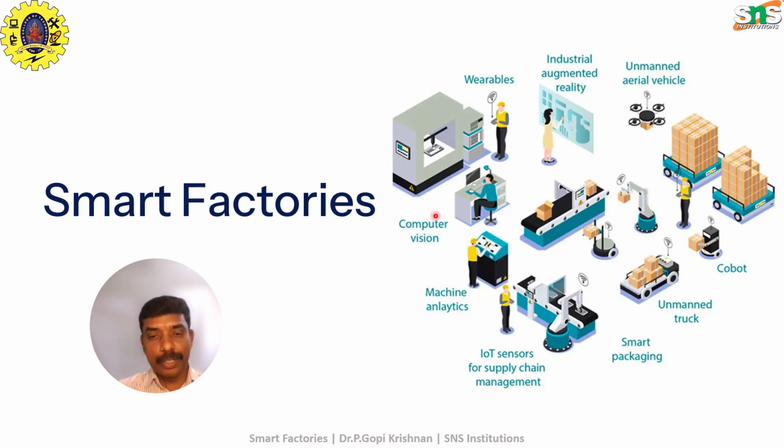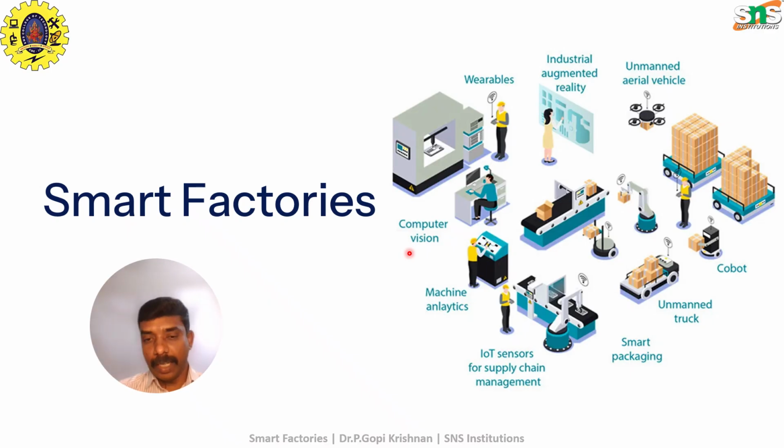And computer vision is going to be the system which collects all the information in the form of images, such as JPEG files or PNG files, from which the image is captured and compared with the right one.